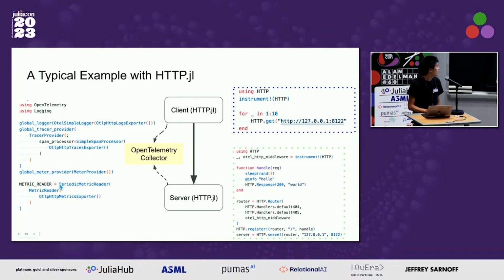And for the metric reader, we use the periodic metric reader here, so that the reader will periodically send the data to the OpenTelemetry collector. Now let's look at the client side of the example.